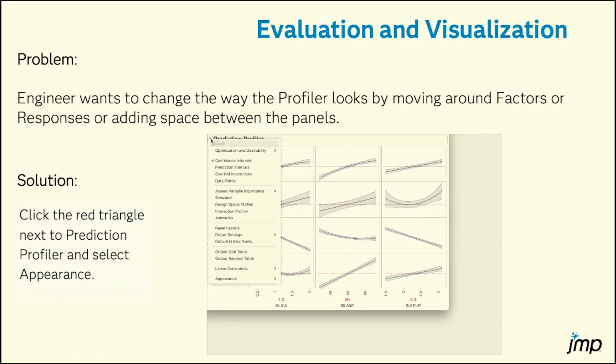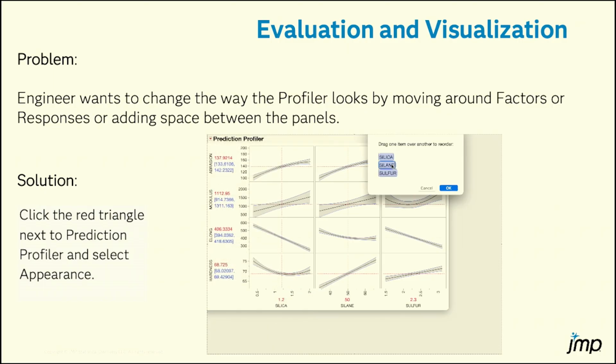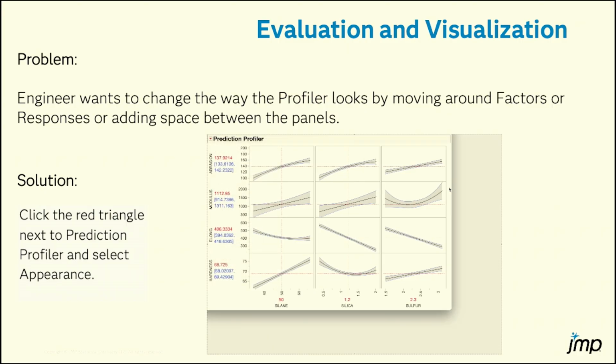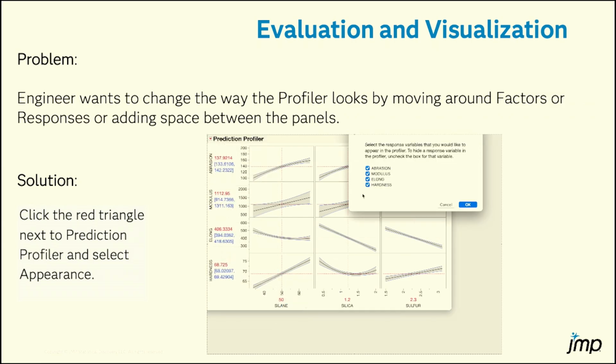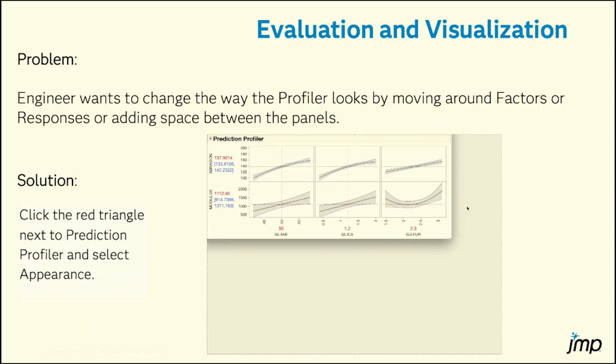So here I've put extra space between the panels. I can reorder the X variables. And here, even though I have 4 responses, I'm going to hide a couple of them and only show 2 of them. So there's many things we can do from that red triangle. Once we get the profiler, there's a lot of ways we can customize things.